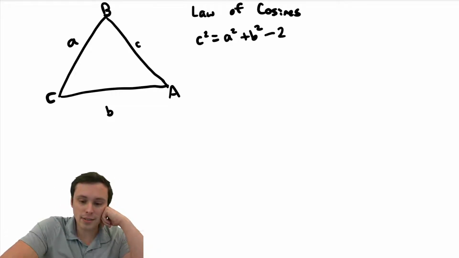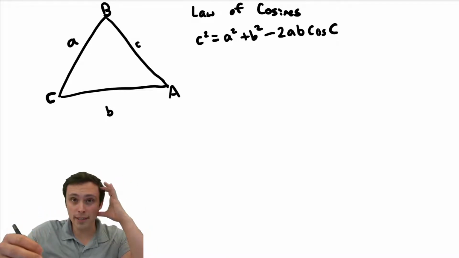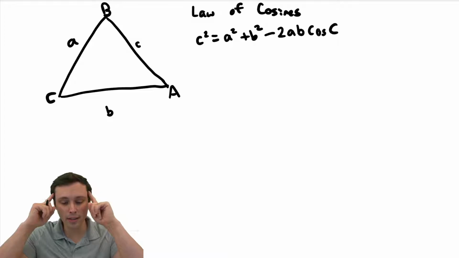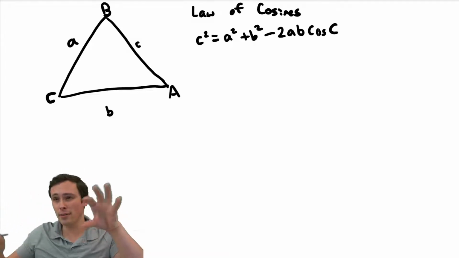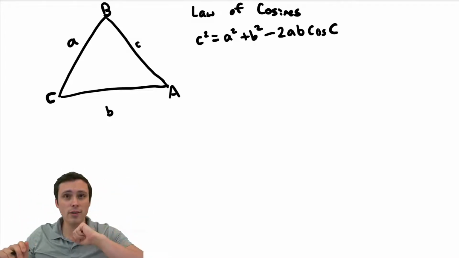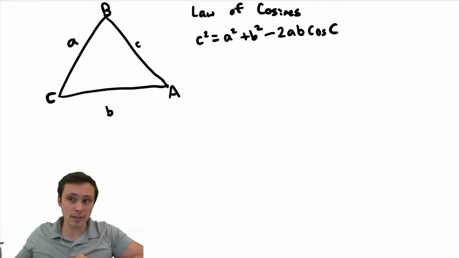What is the stuff? It's 2 times a times b times the cosine of angle C. So if you just memorize the Pythagorean theorem minus, and then you memorize 2ab cosine c. Notice you have that nice ABC in there. It's ab cosine c with a 2 in front. This is not too hard to memorize. So Pythagorean theorem minus 2ab cosine c.